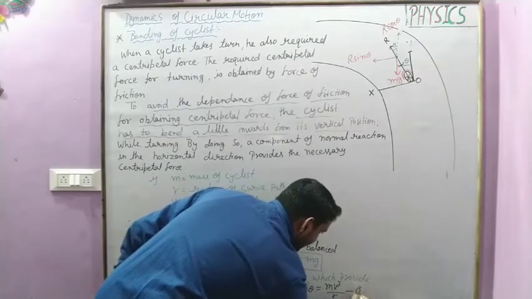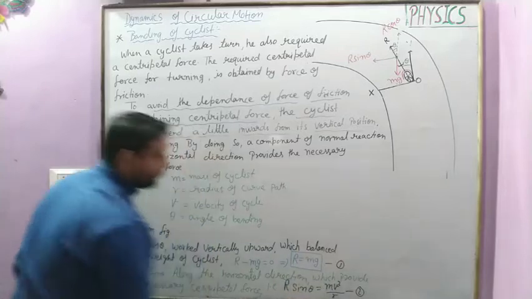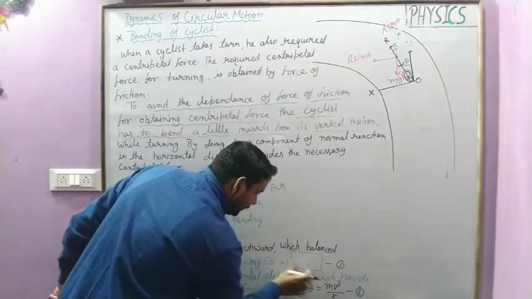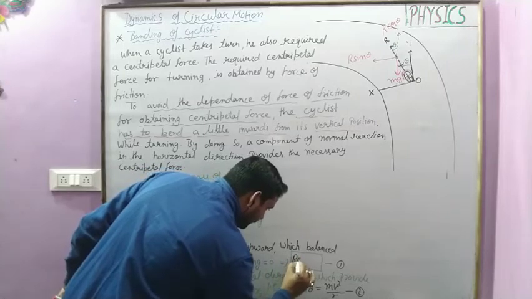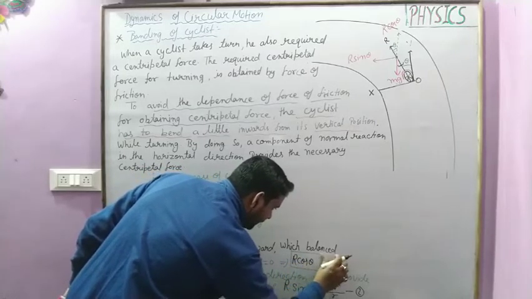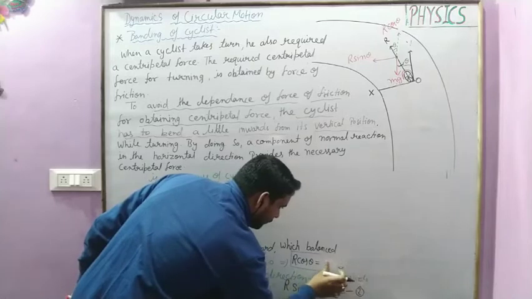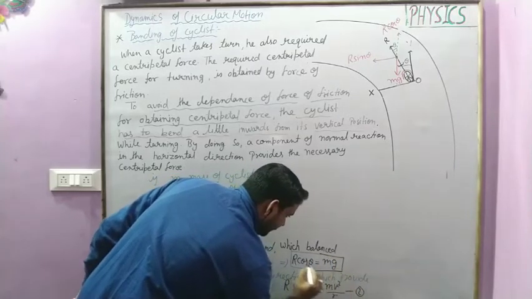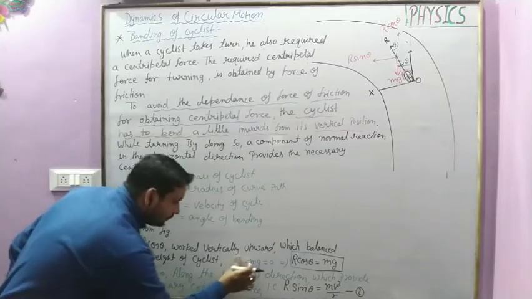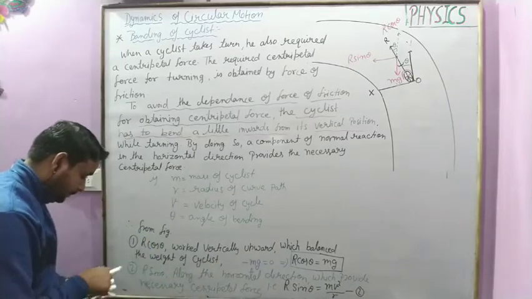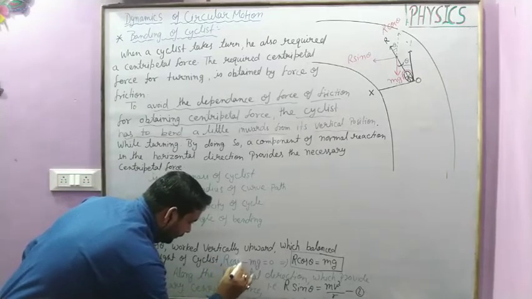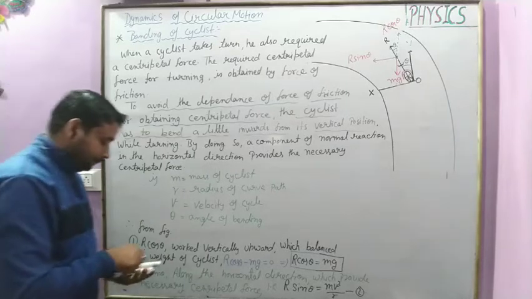This is the second equation, and this is the first equation: R cos theta is equal to mg.